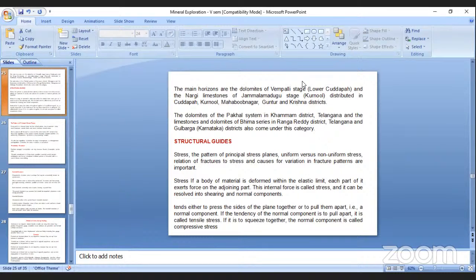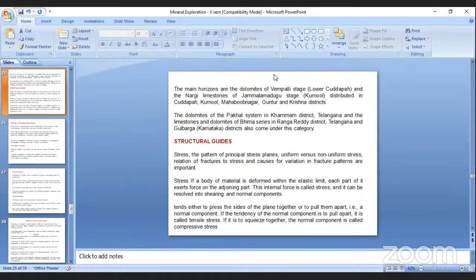The components tend either to press together or to pull apart. If you look at the normal component, when it pulls apart from the original position, this is called tensile stress.